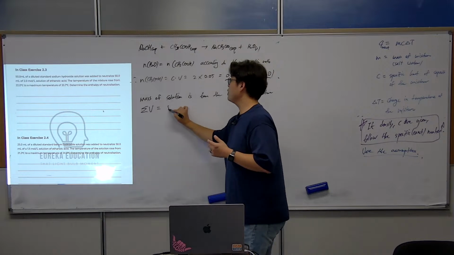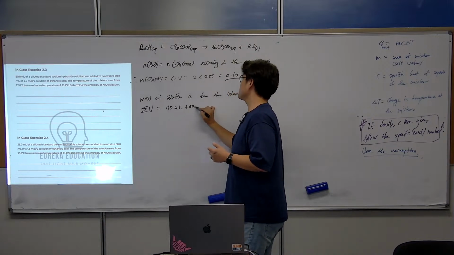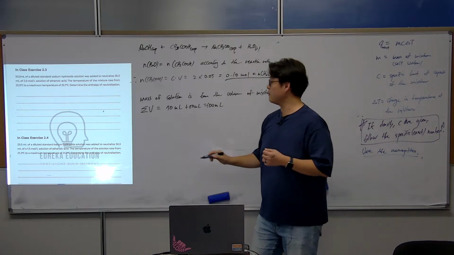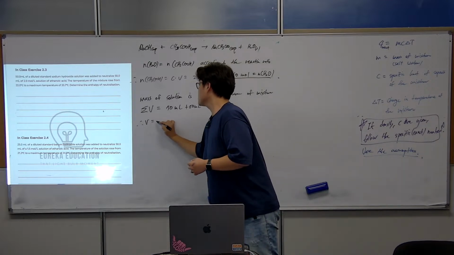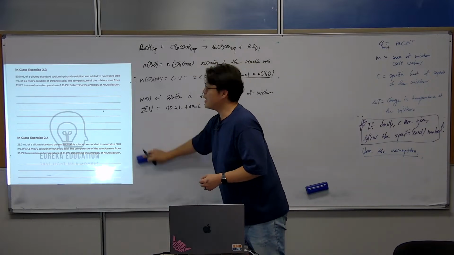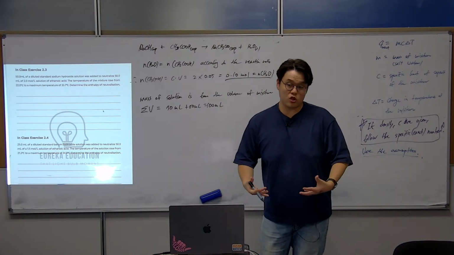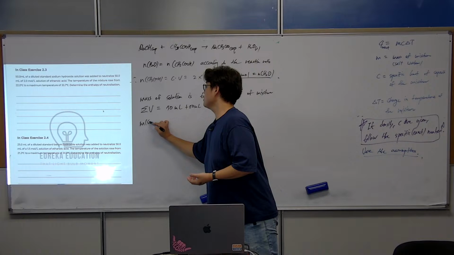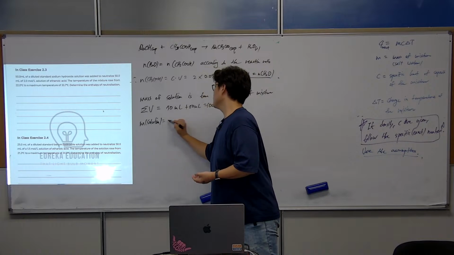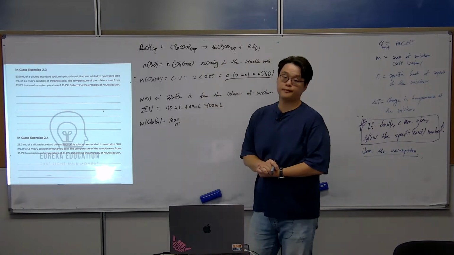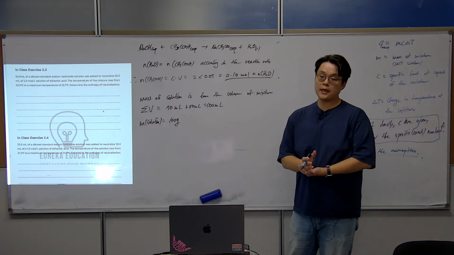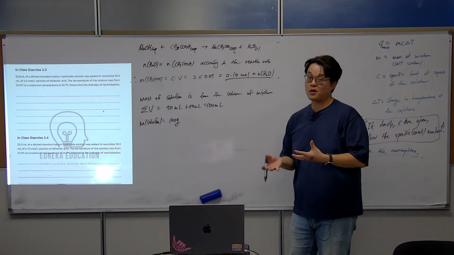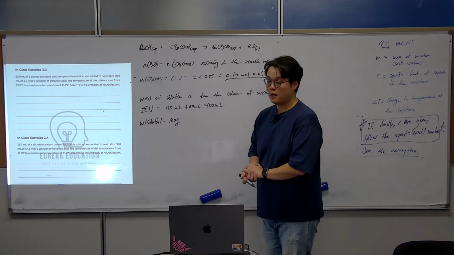So that would be 50 mL plus 50 mL, giving you 100 mL. That is therefore the volume is 100 mL. As we assume that it has the same density as water, the mass of the solution is 100 grams. This is why we need to make the assumption. Otherwise, you can't figure out the exact mass of the solution in this case.